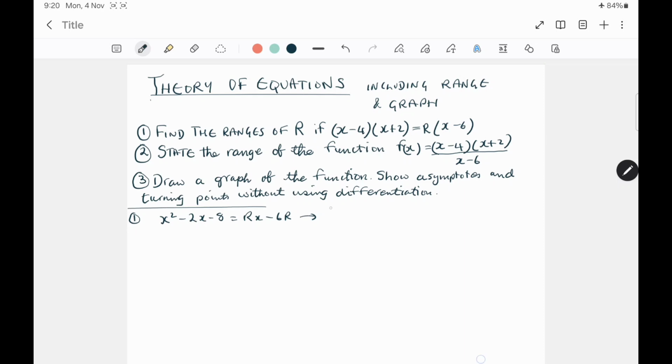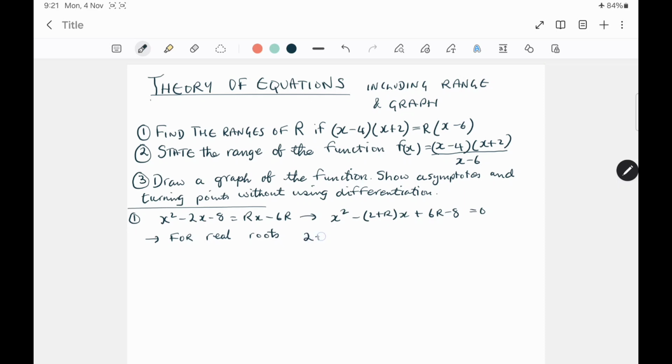That leads on to x² - (2 + r)x + 6r - 8 = 0, which in turn leads on to the finding of the real roots. Okay, so for real roots, the discriminant must be equal to or greater than 0. That's where the theory of equations comes in.